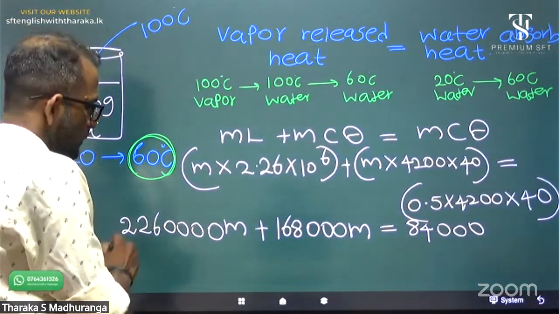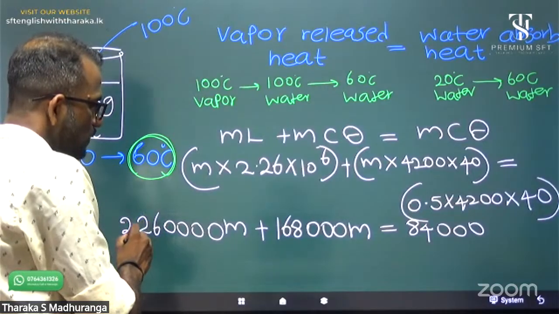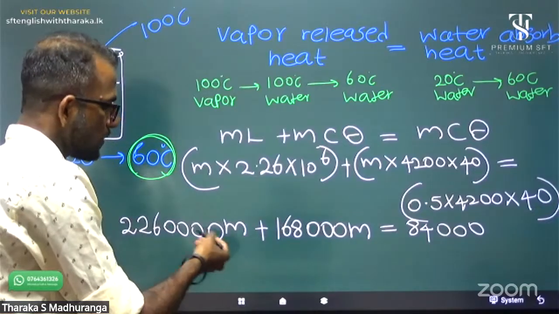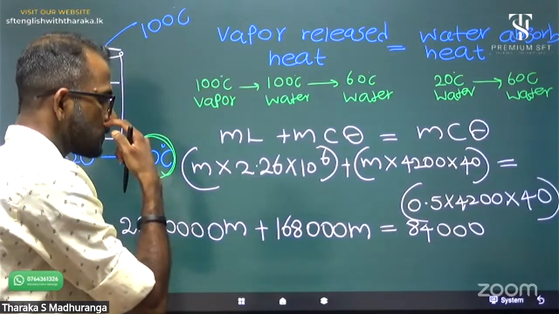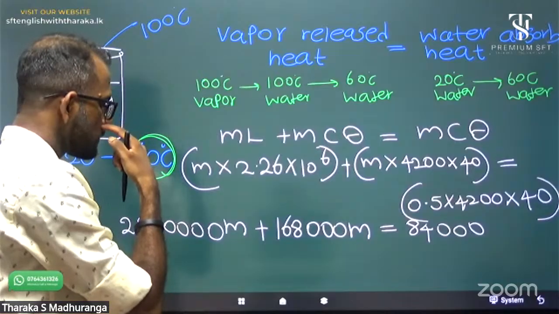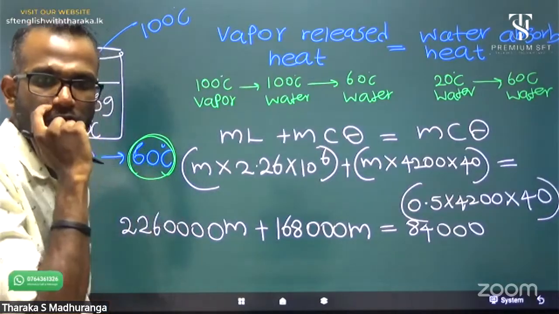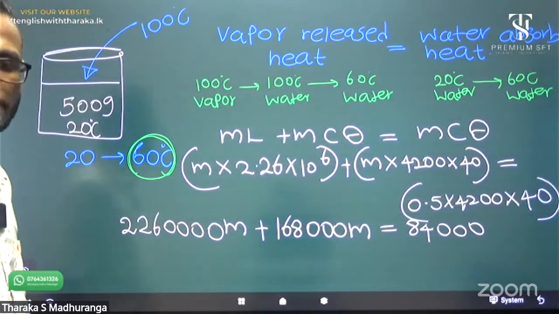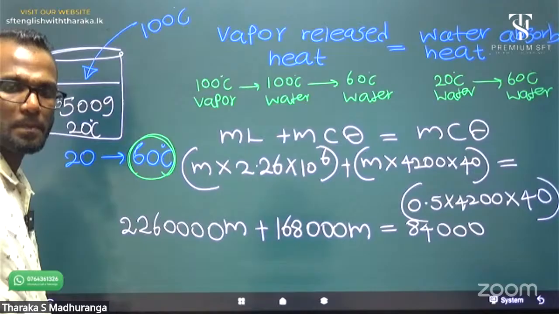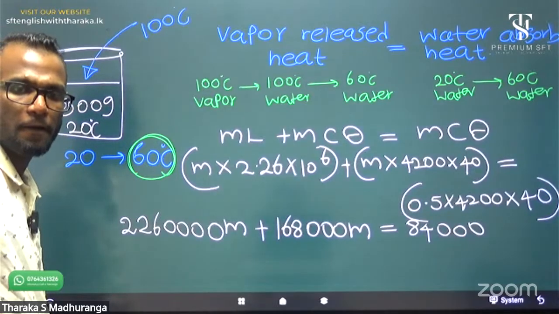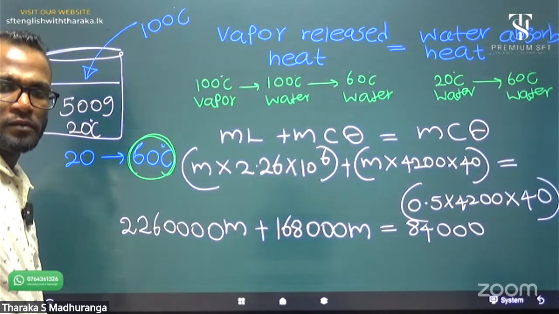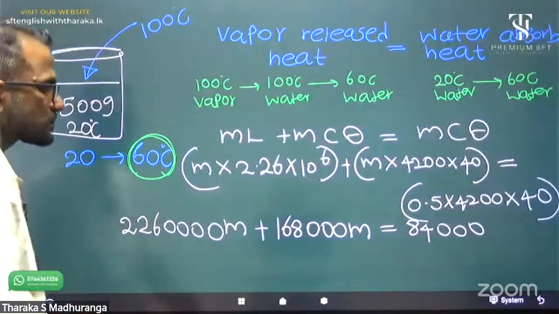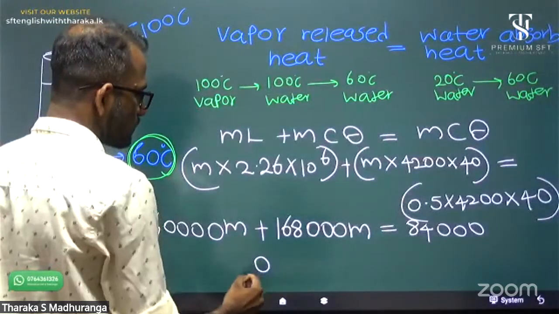Now, at these m values, add this value into this value, 168,000 plus this value, zero, zero, zero.